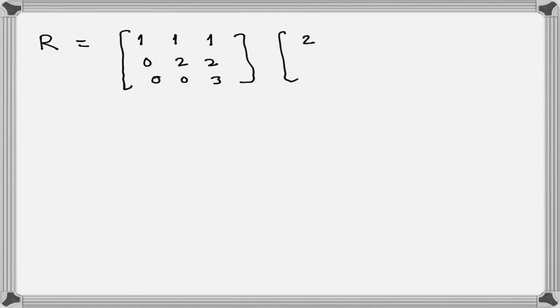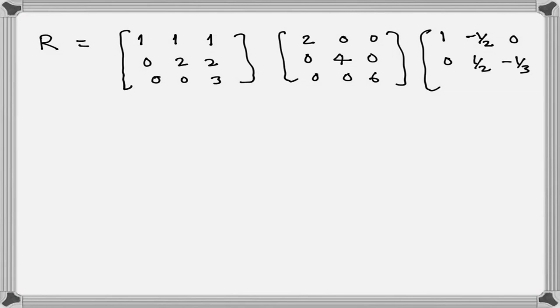R is nothing but P, which is 1, 1, 1; 0, 2, 2; 0, 0, 3, times Q, the diagonal matrix 2, 0, 0; 0, 4, 0; 0, 0, 6, times P inverse, which is 1, minus 1/2, 0; 0, 1/2, minus 1/3; 0, 0, 1/3. Okay, so let's multiply these matrices.